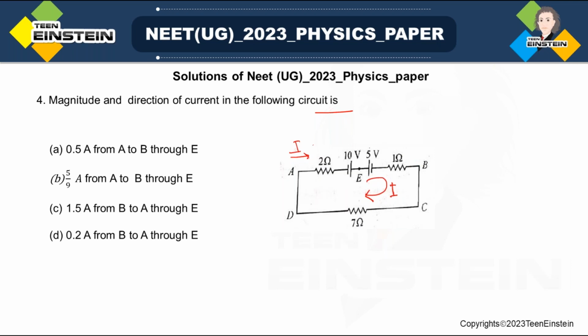We have chosen the direction A to B. But suppose the value of current is something like minus 5 ampere, that means current has to be flowing from B to A, not from A to B. That is what I wanted to mean.